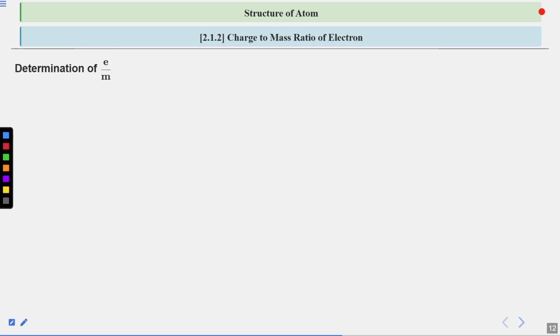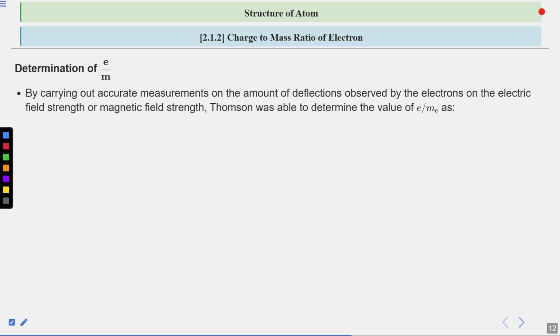Now moving on to the determination of the e by m ratio. So what is this e by m ratio? What Thomson did was that instead of applying the electric field and magnetic field individually, he applied both of them at the same time, simultaneously.